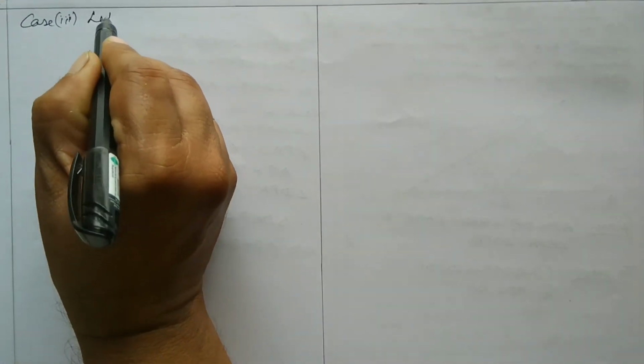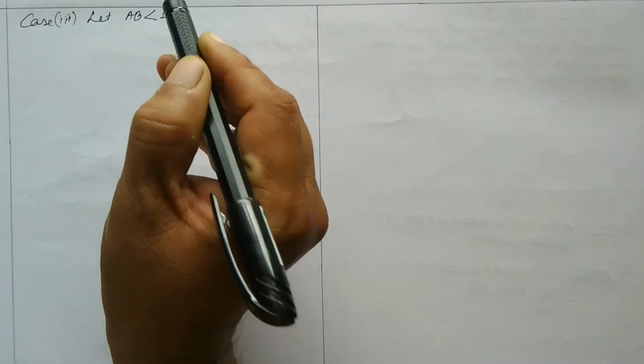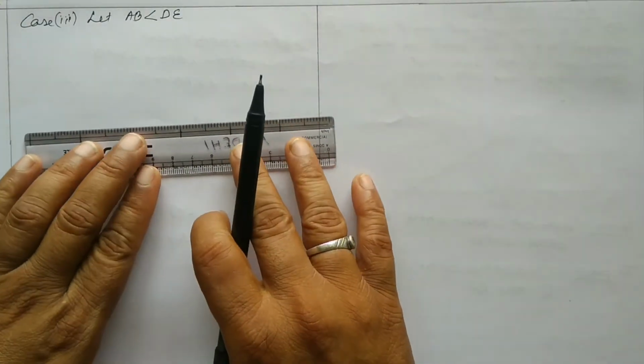Let us see now third case. Okay, case 3. What is case 3? Let AB be smaller than DE. Okay, let us have the diagram accordingly.